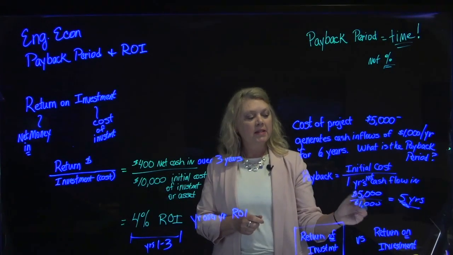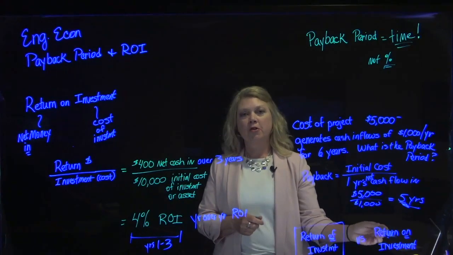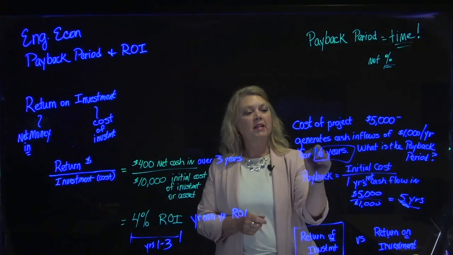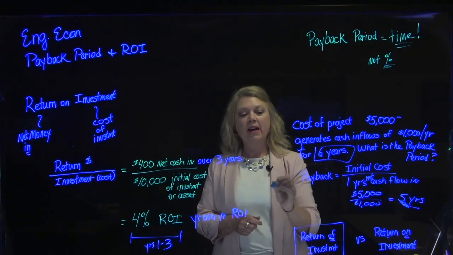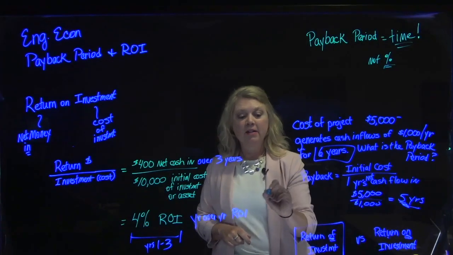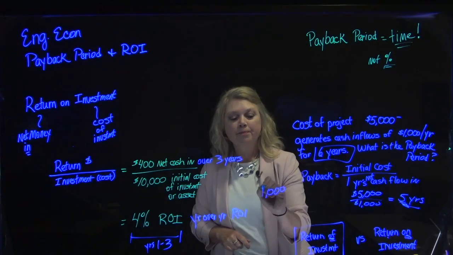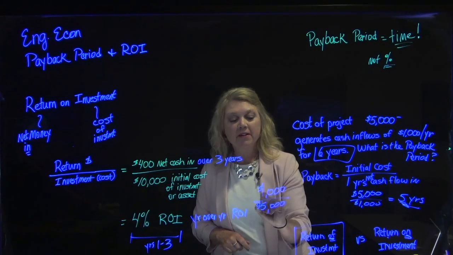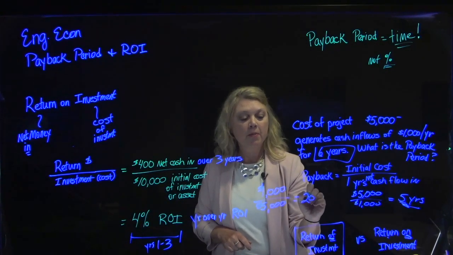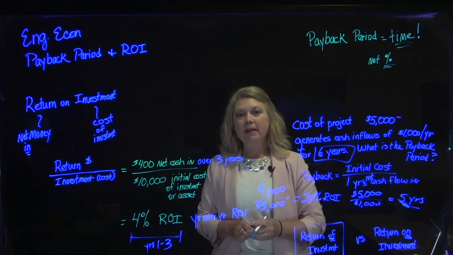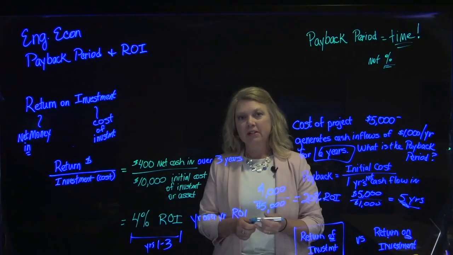Only in the 6th year do we actually have return on investment. That last $1,000 in year 6 of the project, that is return on investment, right? So $1,000 finally out of the $5,000 initial investment gives us a 20% ROI, but it doesn't happen until the 6th year, and then the project is finished.